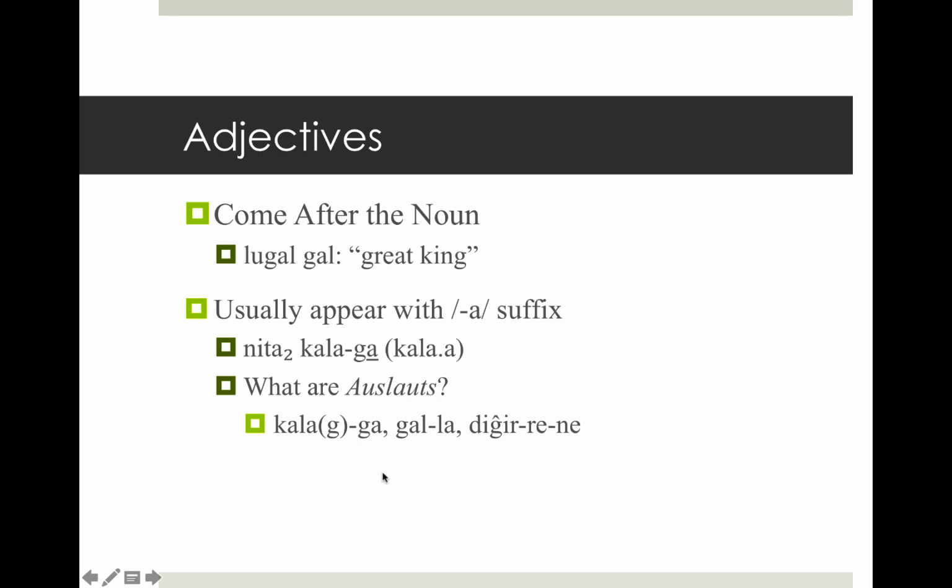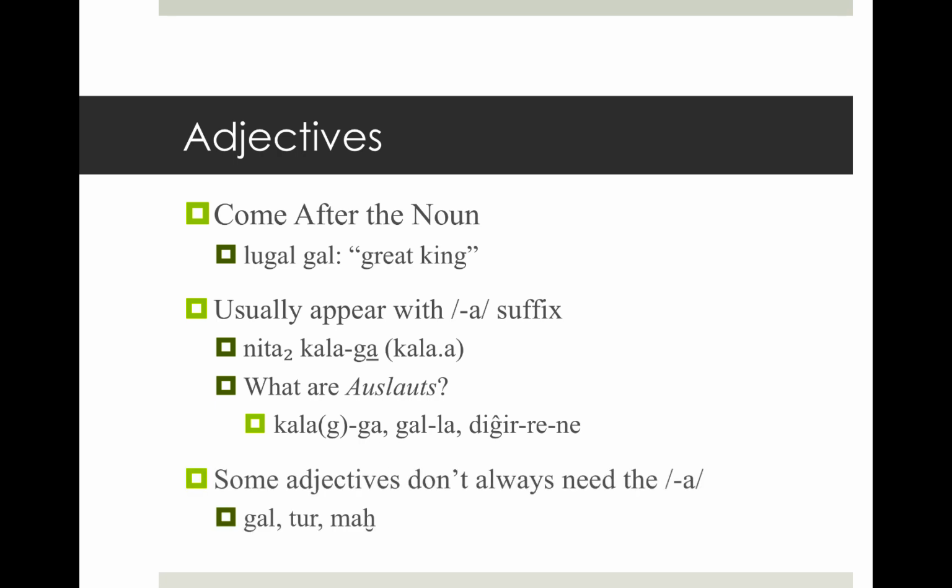So, some adjectives don't always need the A. Some of them appear without it really ever. So as you can see up top here, lugal gal, great king. The gal there doesn't require the A suffix to indicate that it's an adjective. So sometimes you'll just say lugal gal, or lugal tur, which means small, or lugal mah, which means magnificent.